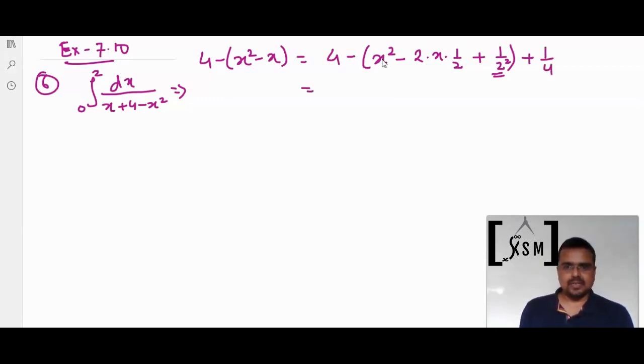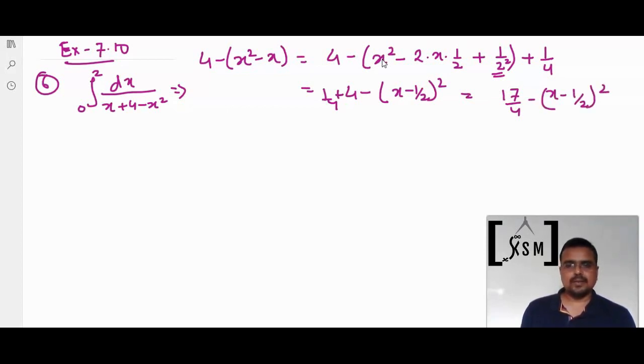So actually this becomes 4 plus 1 over 4 minus x minus 1 over 2 whole square. So this is nothing but 17 over 4 minus x minus half whole square, right?